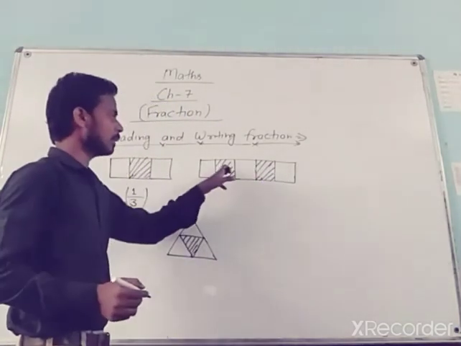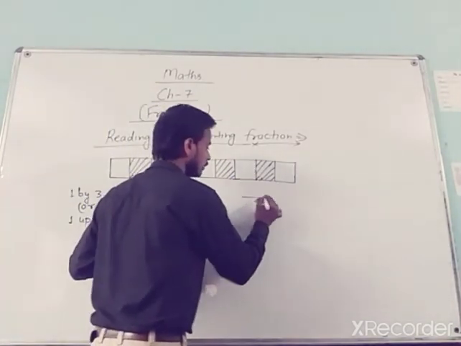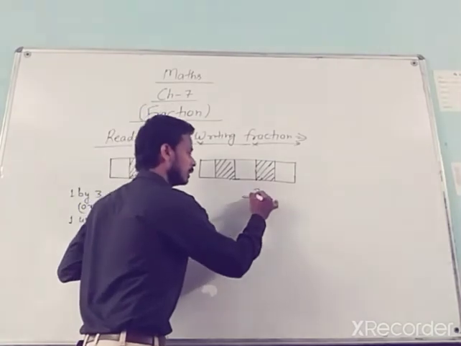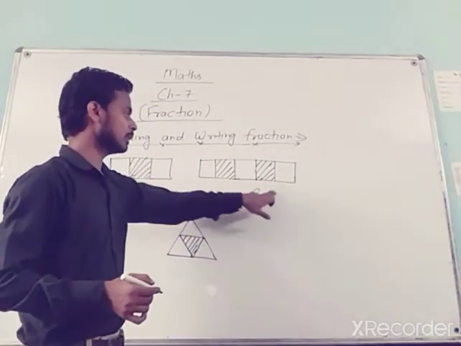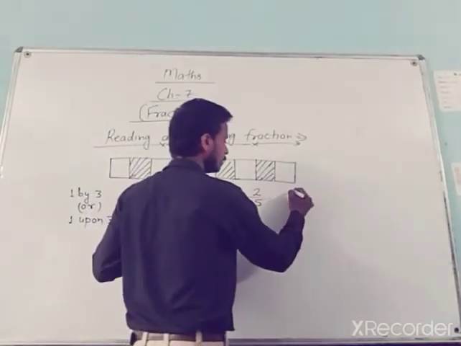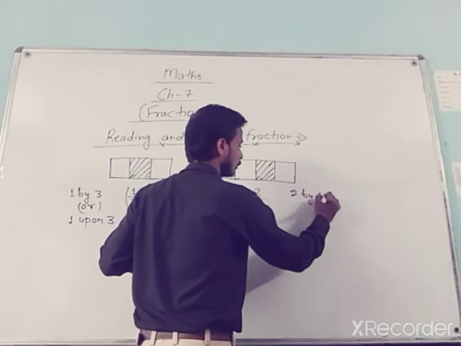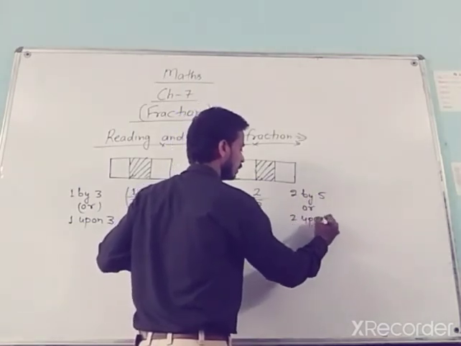This time 2 parts are shaded. So the number of parts is 5, and we will take 2 parts, 2 in numerator. So it is 2 by 5, 2 by 5 or 2 upon 5.